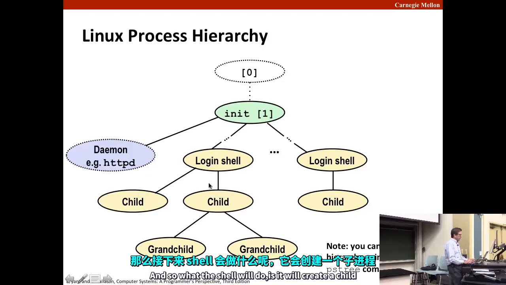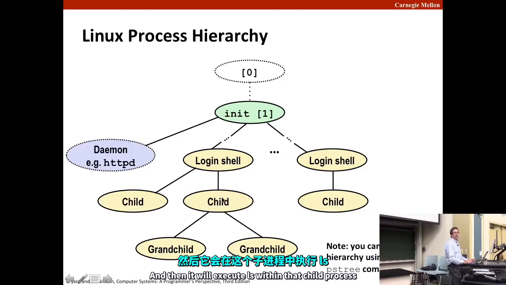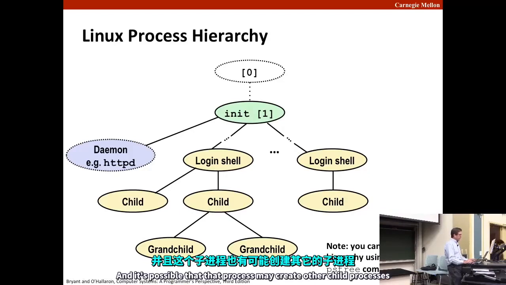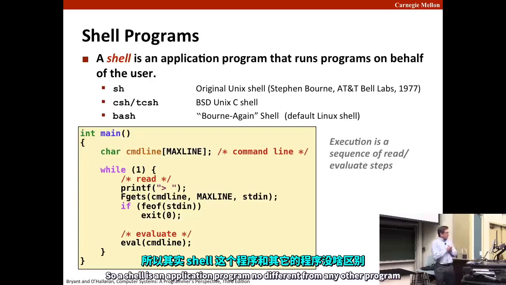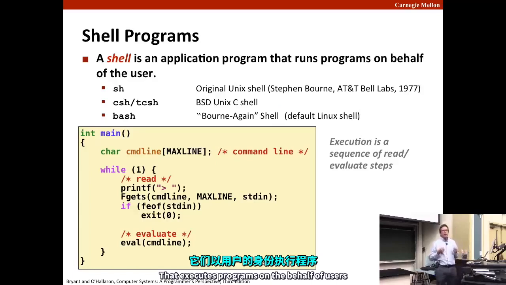And so what the shell will do is it will create a child, and then it will execute ls within that child process. And it's possible that that process may create other child processes. So a shell is an application program, no different from any other program, that executes programs on the behalf of users.